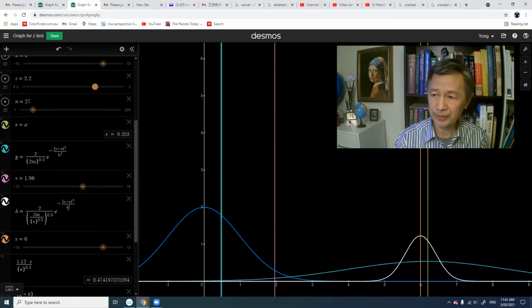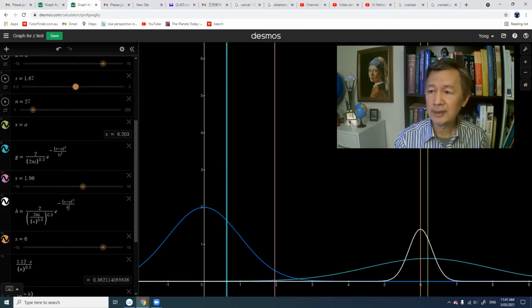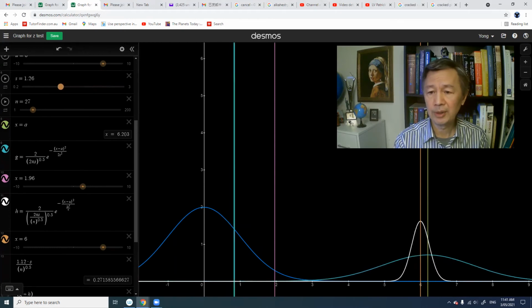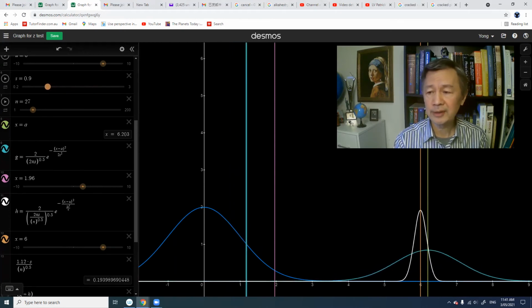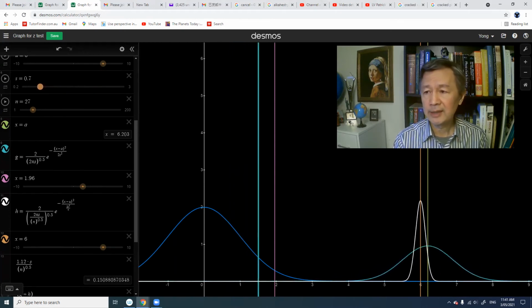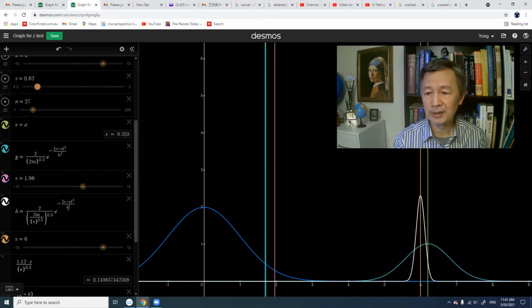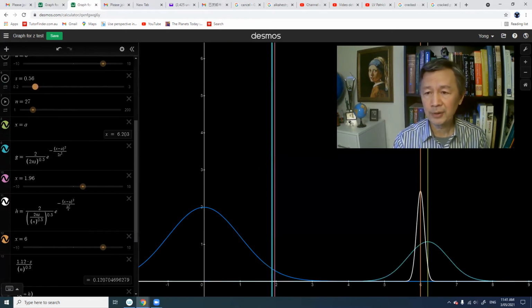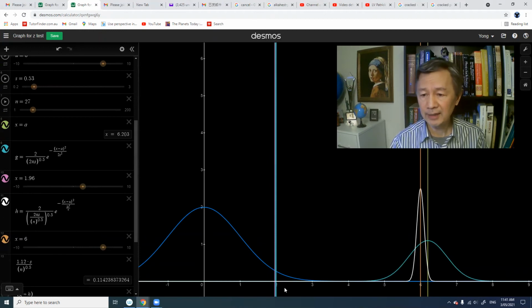If I reduce the sample standard deviation, you will notice that not only does the sampling distribution change, but also the z-score increases. At this moment, the z-score is approximately equal to the critical point. So over this critical point, we can reject the null hypothesis.